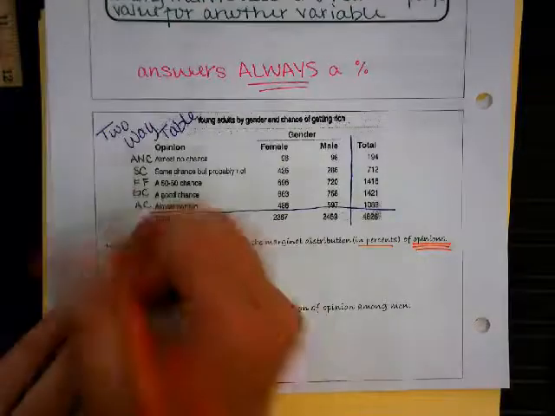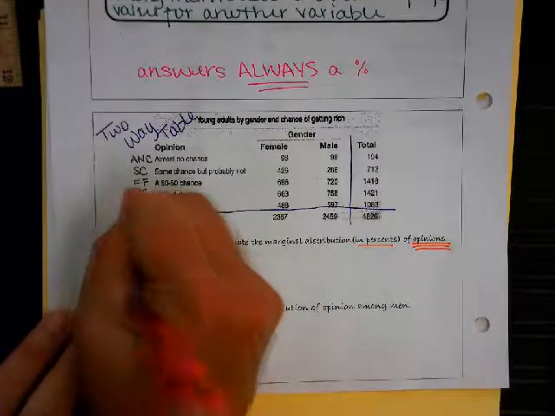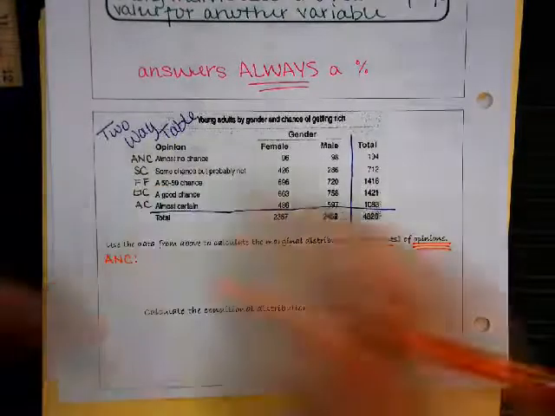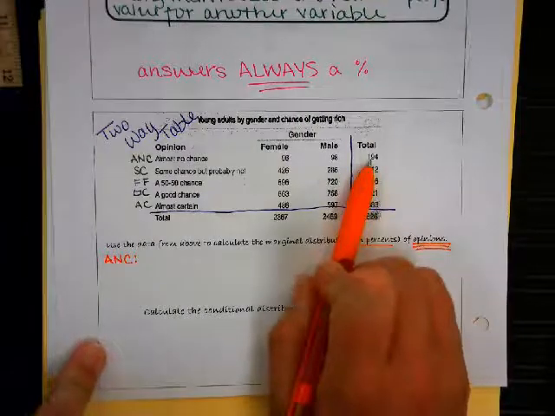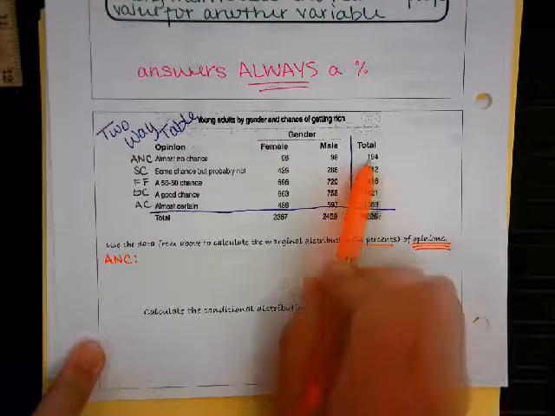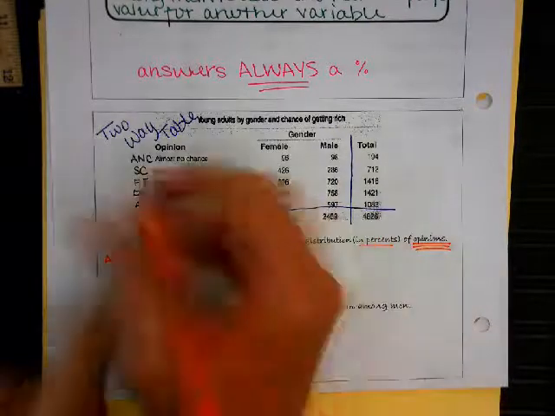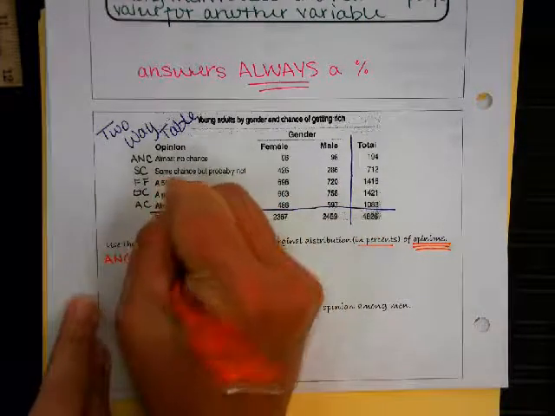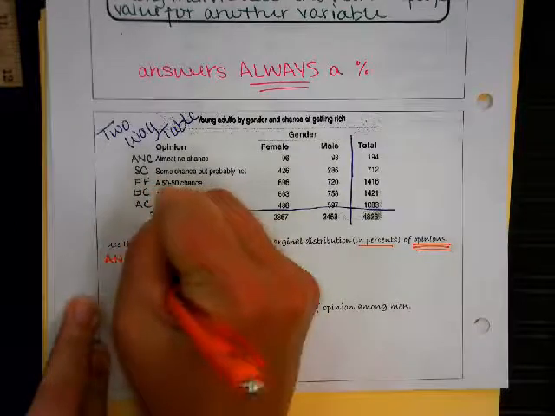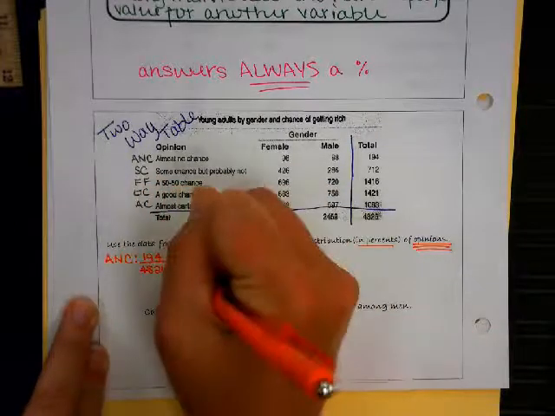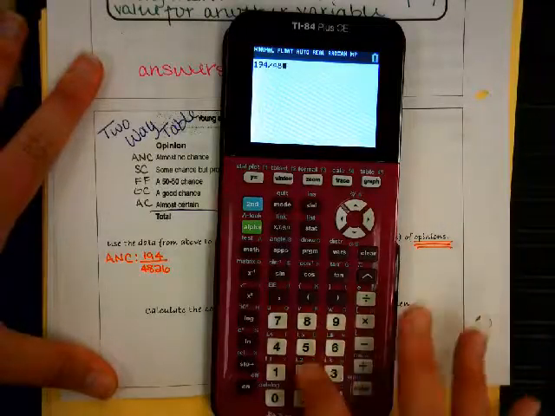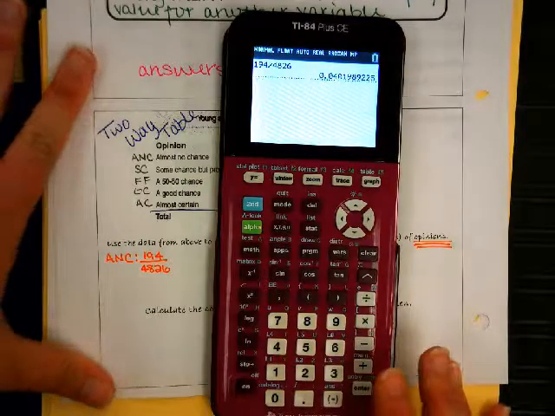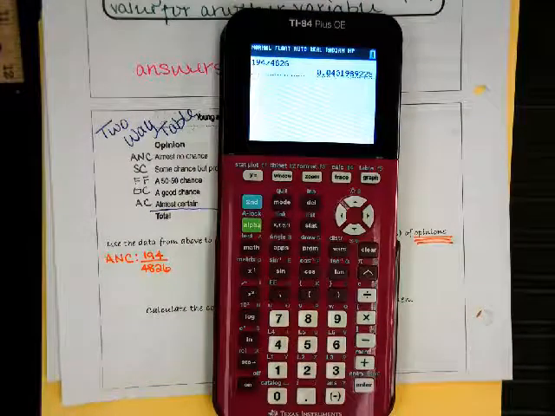So to find the marginal distribution of young adults who said there's almost no chance they're going to get rich, we take the total, 194 that chose that opinion, out of the grand total. So 194 divided by 4826. We get 0.04019, which is a percent.